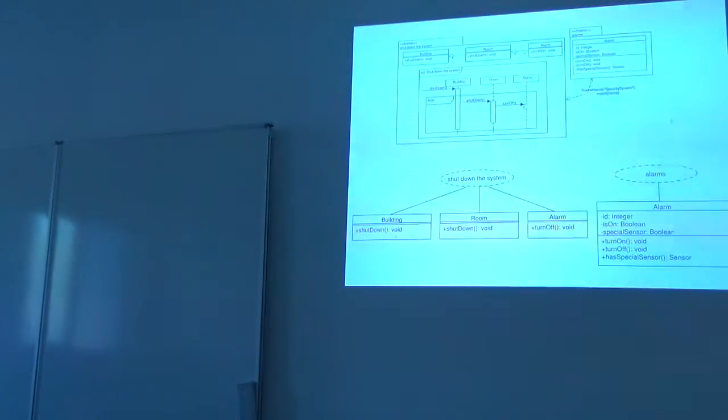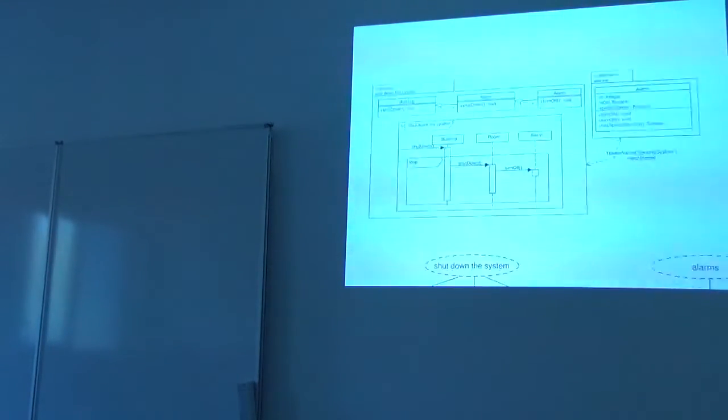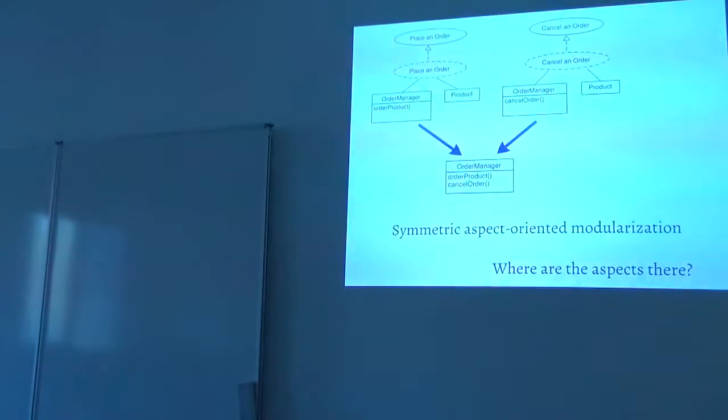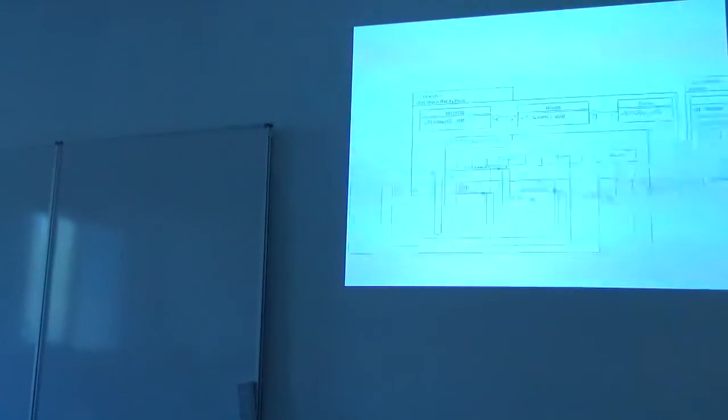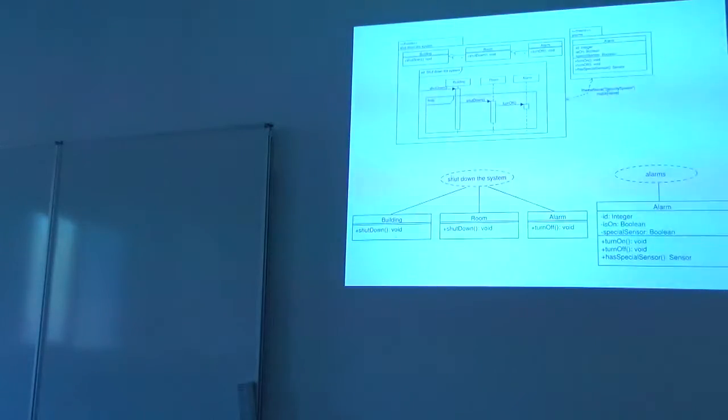So if we get back to this, we can say also that what we're showing here is representable by collaborations, just like with use cases here. So these are collaborations of some elements, and these collaborations of these partial elements are composed. What would you call an aspect here in this picture?